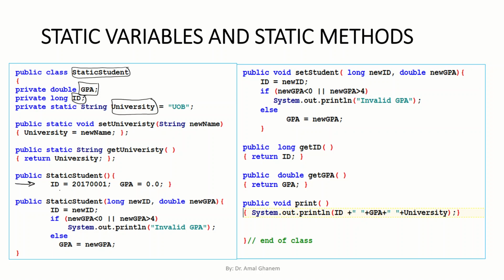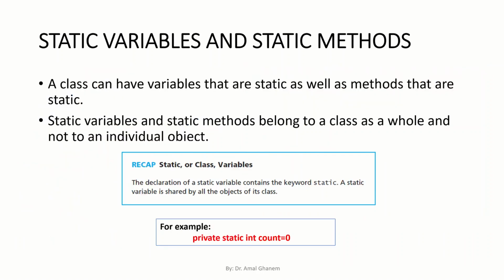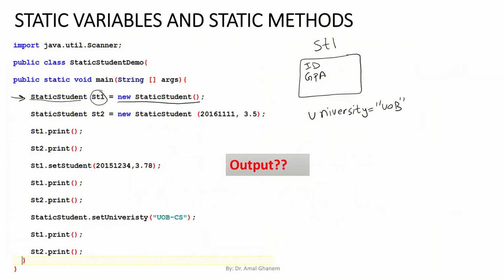What do we have to do? We have to initialize ID to 2017-01 and GPA to 0.0. So for st1, we will have 2017-01 and GPA as 0.0. So we are done with step number 1, which is object st1.